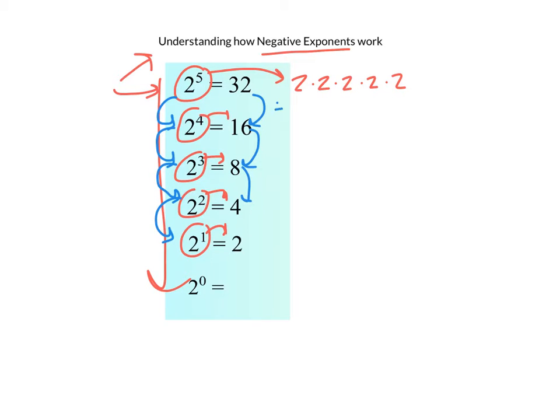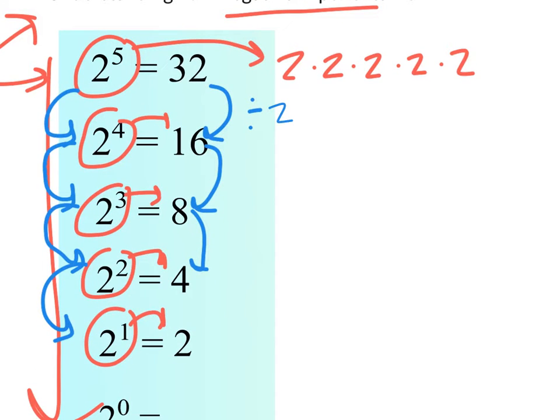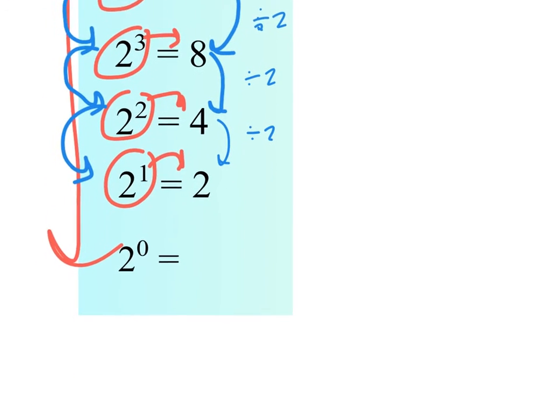Well, as you take a look carefully, I bet you could figure out that it is dividing by 2 every time as we decrease on the right side there. Every time I drop the power by 1, it divides these numbers by 2. So 16 divided by 2 gives me 8. 8 divided by 2 gives me 4. 4 divided by 2 gives me 2.